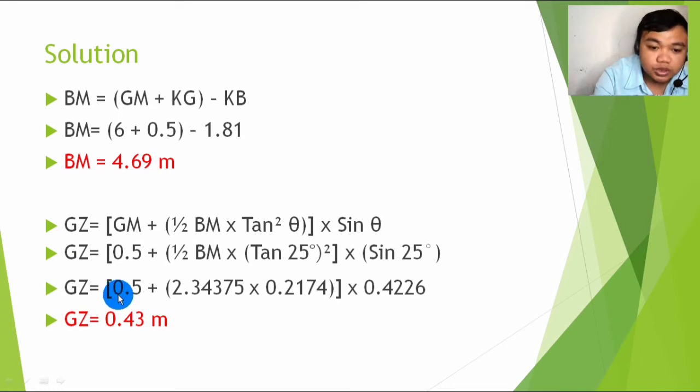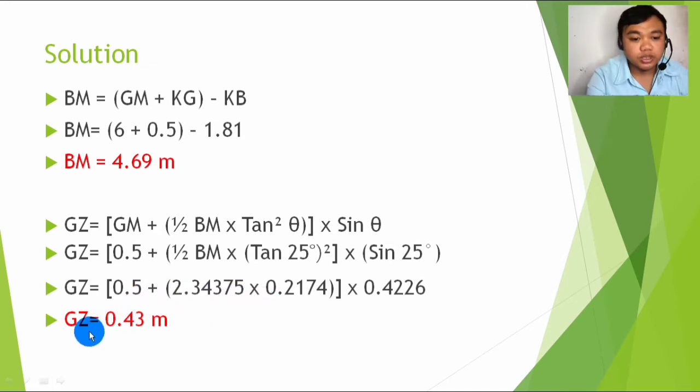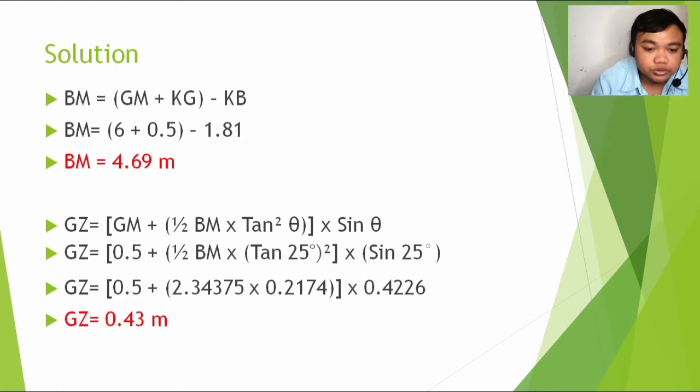Then we have 0.5 plus open parenthesis, the result would be 2.34375. Then we have times 0.2174 times 0.4226. Just use the correct mathematical equation and you will be able to derive the result of 0.43 meter for the GZ.